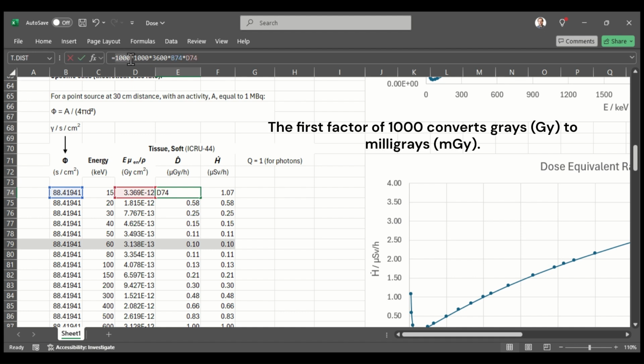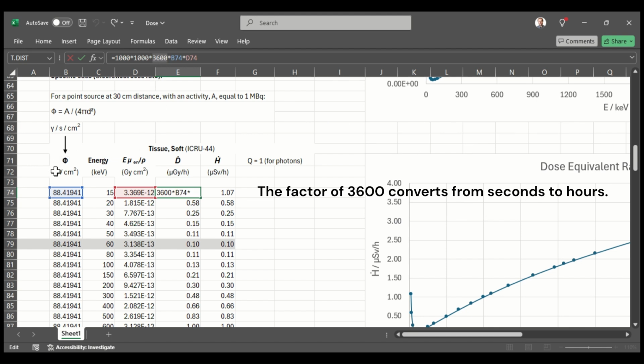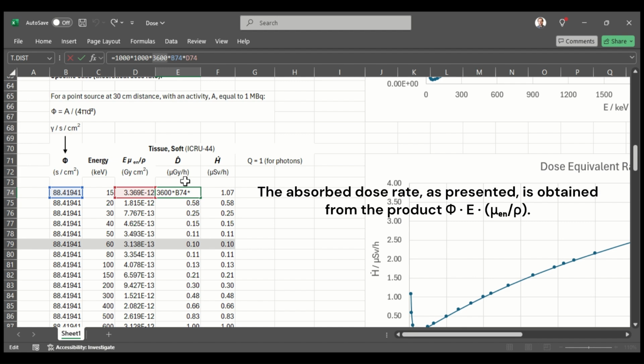Converting the absorbed dose rate from Gray per second to microgray per hour. The absorbed dose rate is calculated here in units of microgray per hour, and it was calculated as the product of the fluence rate, assumed constant across all energies, energy, and the mass energy absorption coefficient for each energy in soft tissue.